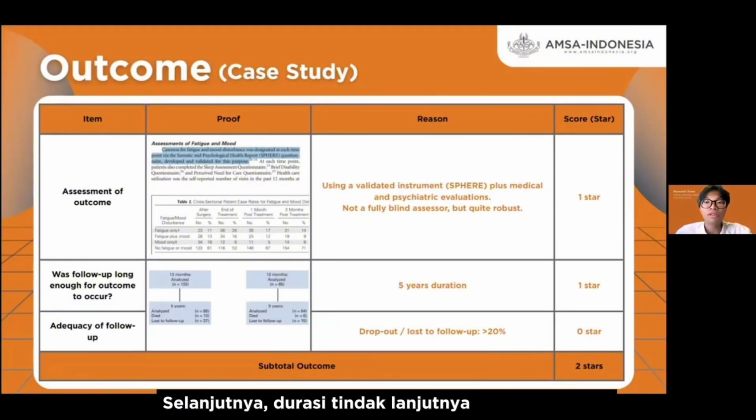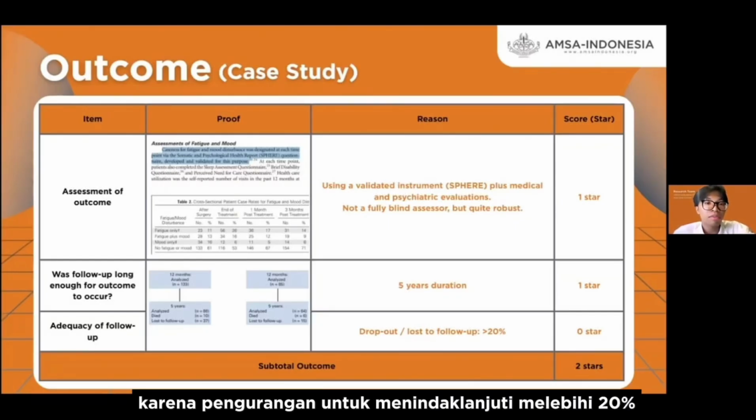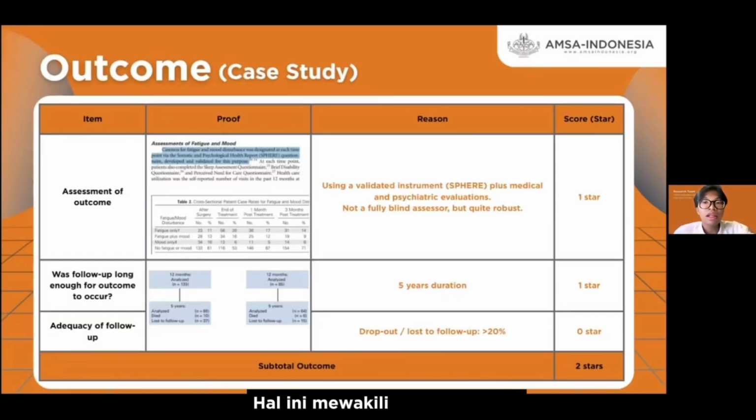Next, the follow-up duration was adequate, with a 5-year period allowing for observation of long-term outcomes like chronic fatigue. However, for adequacy of follow-up, the study didn't receive a star because the loss to follow-up exceeded 20%. This represents a key limitation, as it may introduce retention bias and affect the validity of the results.